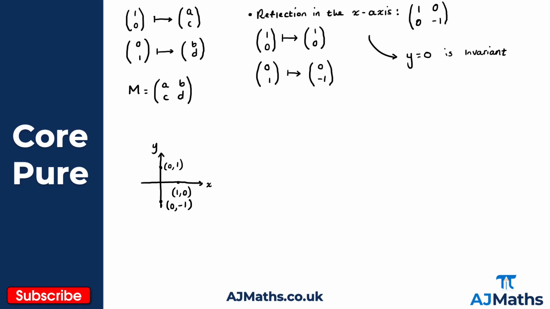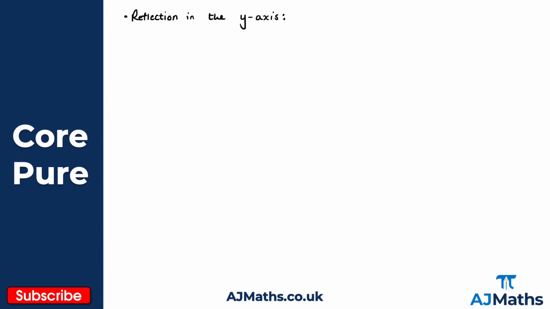I'm going to quickly clear the screen so we can have a go at a reflection in the y-axis. Again, I think a sketch is really helpful to identify what's actually happening. It doesn't need to be perfect, but that's my y-axis, we have our x-axis, and we have the 2 points (1, 0) and (0, 1).